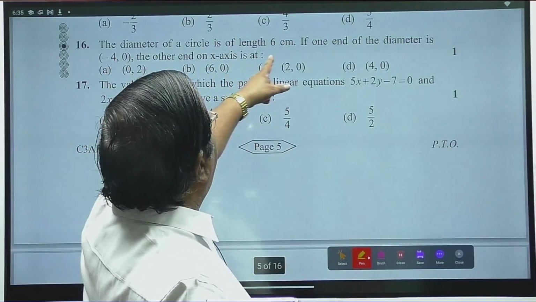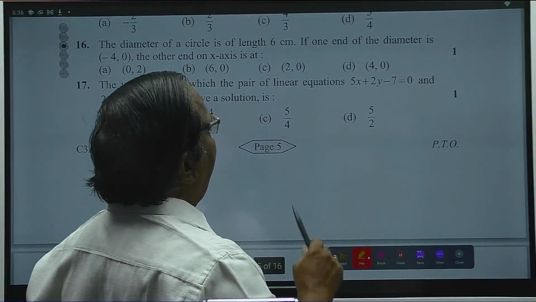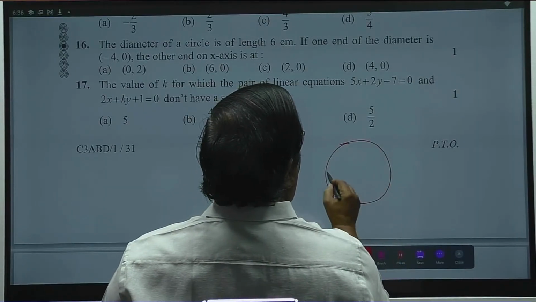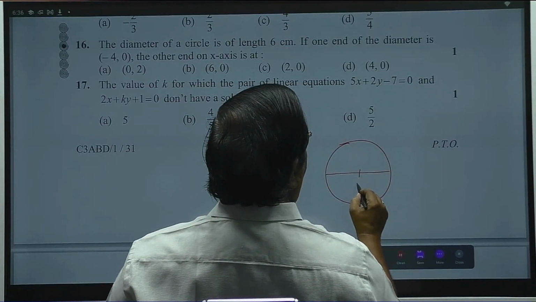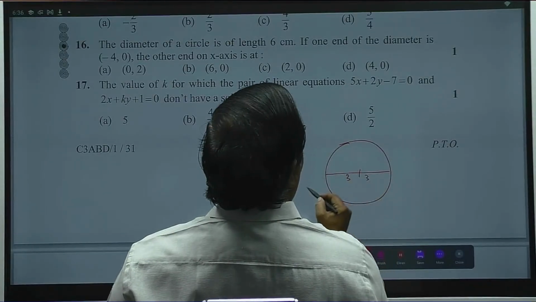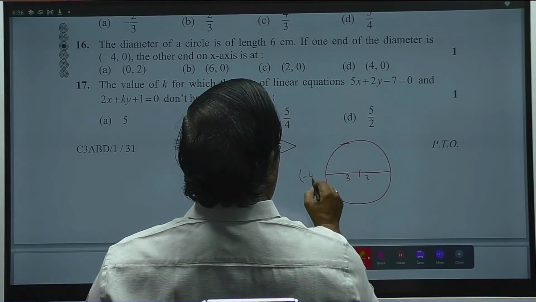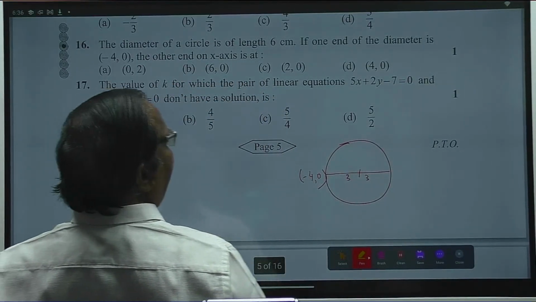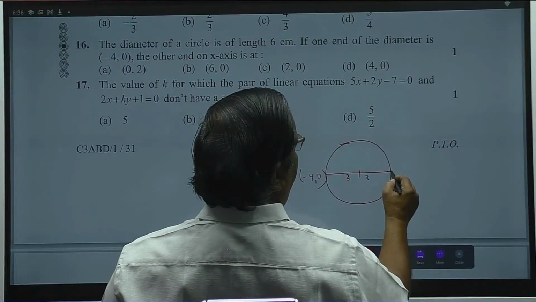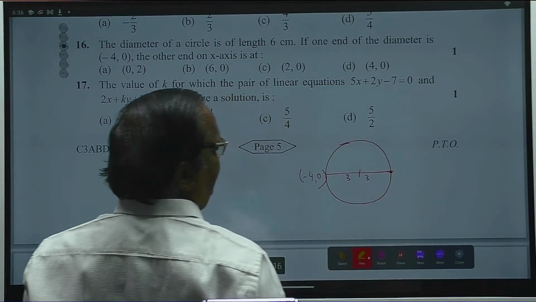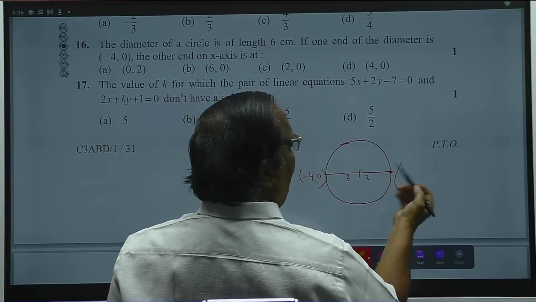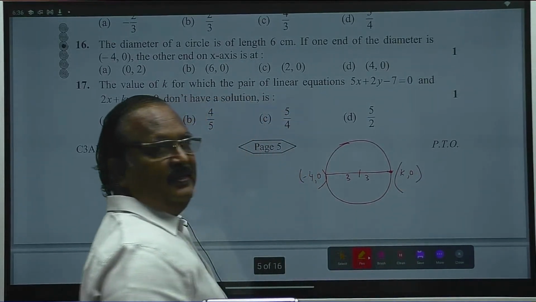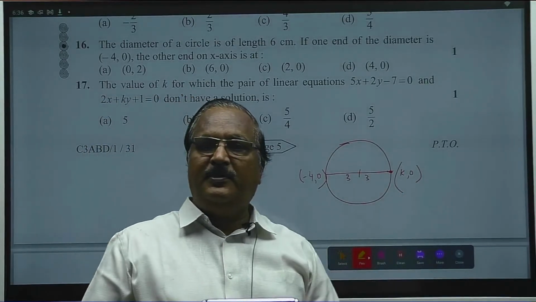The diameter is 6, therefore half of 6 is 3, the radius is 3. One end is minus 4, 0. The other end is on the x-axis. On the x-axis, y is 0. So the other end is k, 0. So with this k and 0, you should be able to do it.